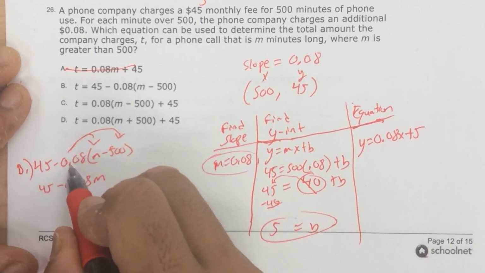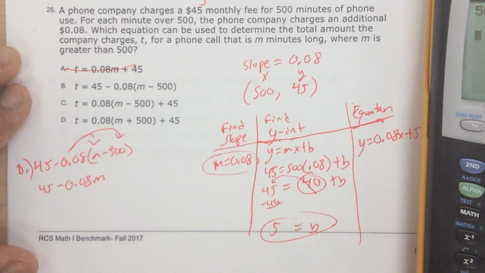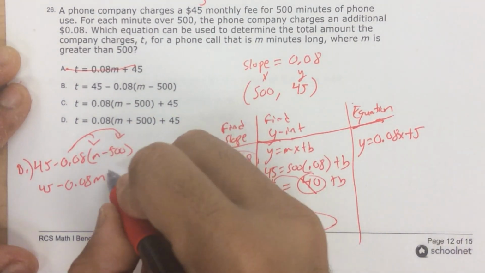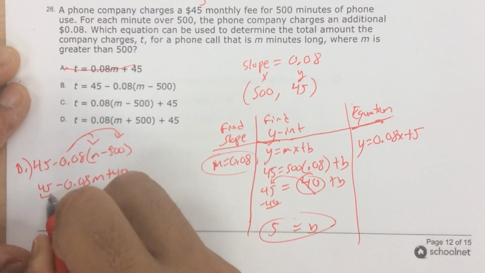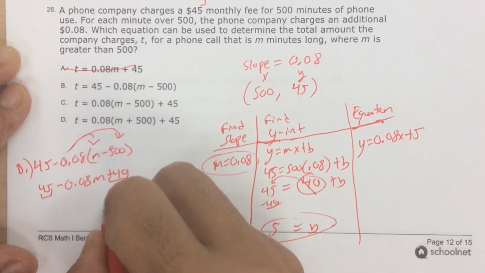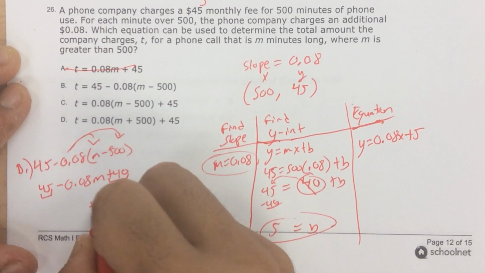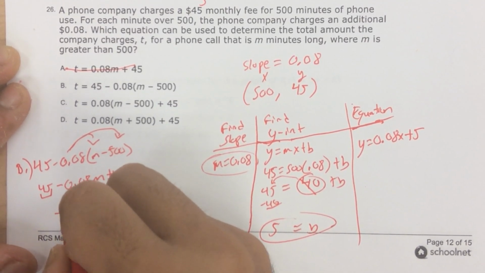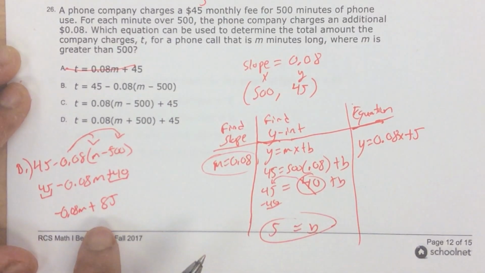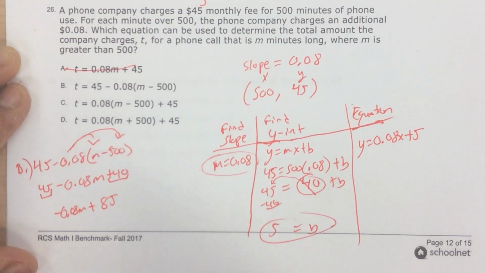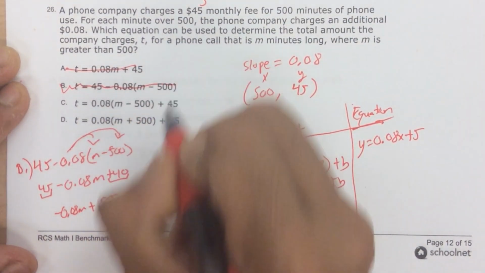And then negative 0.08 times negative 500 gives me 40. So 45 plus 40 gives me 85. And then bring down your negative 0.08m. Obviously, that's completely different than the equation we're looking for, so it's not B.